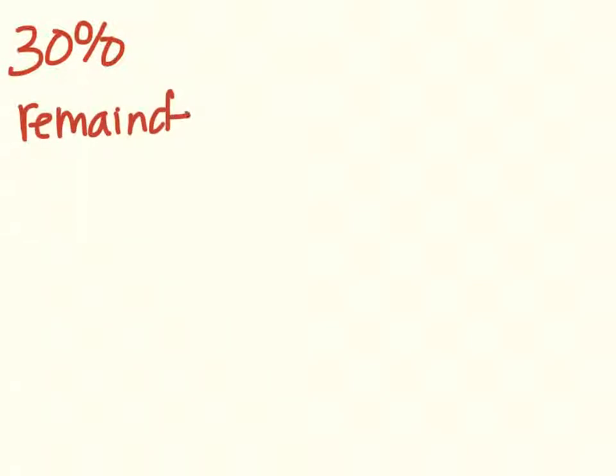Now we're going to solve word problems by finding a quantity that's represented by a percent. William had a length of brass chain. He used 30% of the chain to make some necklaces. The remaining length of the brass chain was 385 centimeters in length.